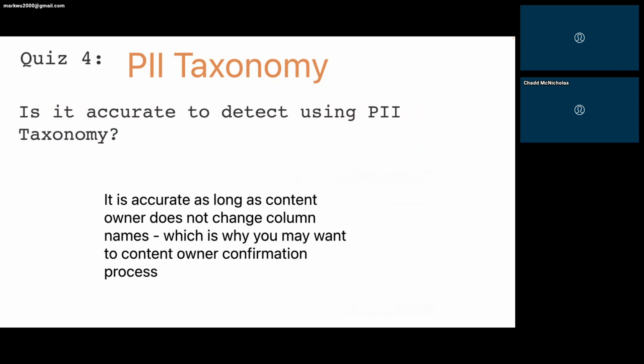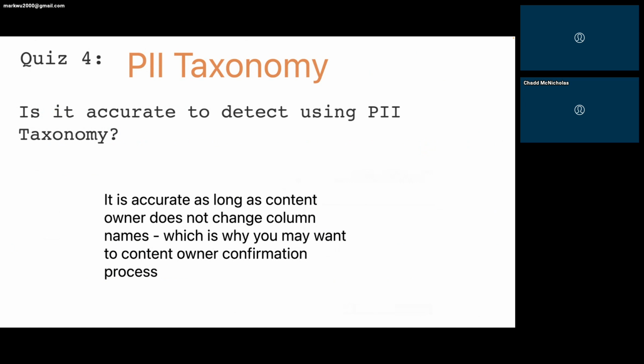PII taxonomy: is it accurate to detect using the PII taxonomy? Well, it is accurate as long as the content owner does not change the column name. Technically, it goes by column name.